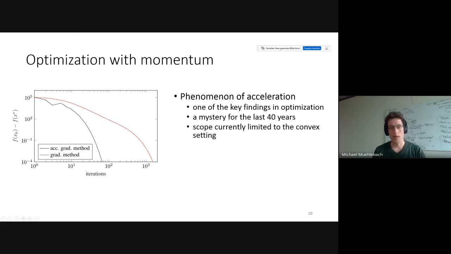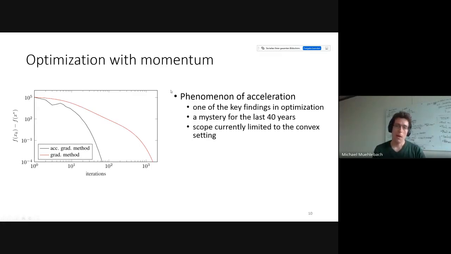And as you can see, the accelerated method beats the gradient method by one order of magnitude in terms of the number of iterations. And the important thing to notice is that the complexity per iteration is roughly the same for both algorithms. And so this corresponds to an immense speedup.